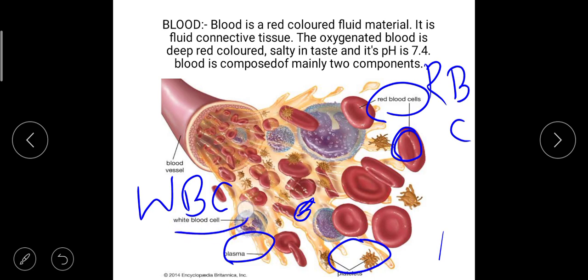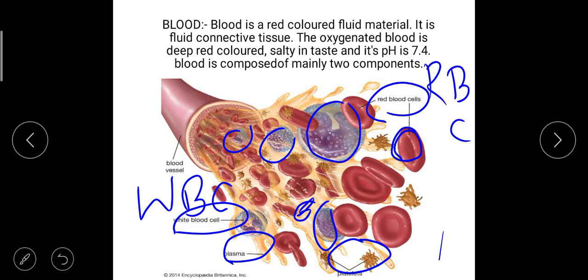Next is the WBC, known as white blood cells. These are large, nucleated and colorless cells. As you can see, this is the WBC, which is large, and these are colorless cells. In blood, 5 types of WBCs are present: basophils, eosinophils, neutrophils, monocytes and lymphocytes.